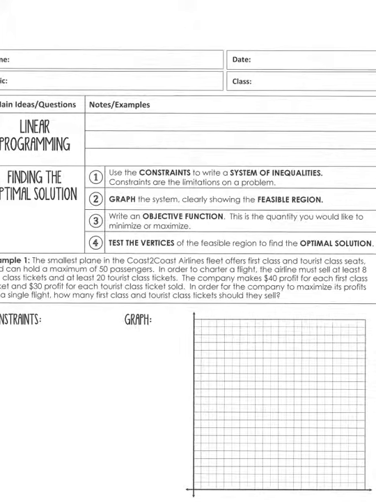So today we're going to look at the last lesson in Unit 2, which is 2-6. It's over linear programming.